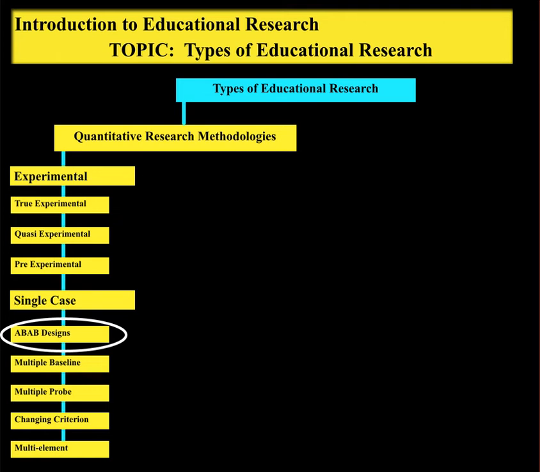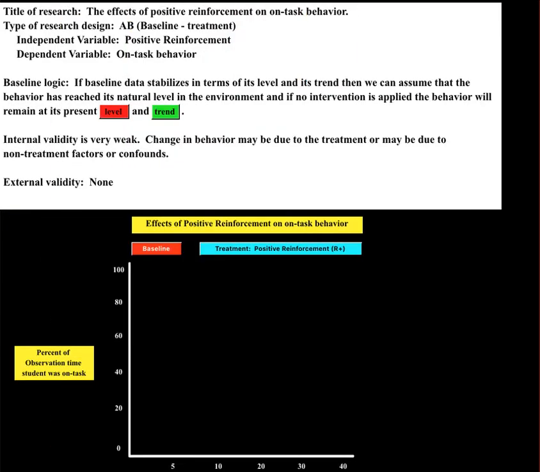These single case designs are totally capable of dealing with threats to internal validity and are acceptable substitutes for traditional group research designs. So let's take a look at then the AB set of designs.